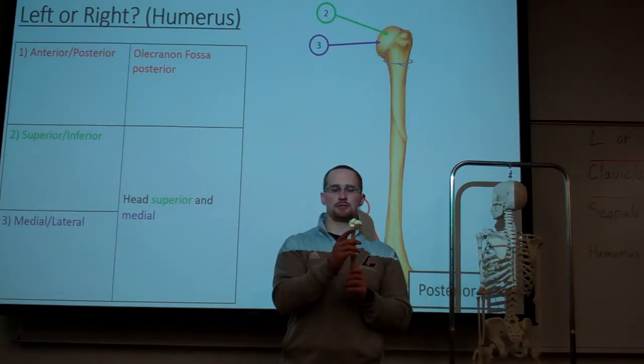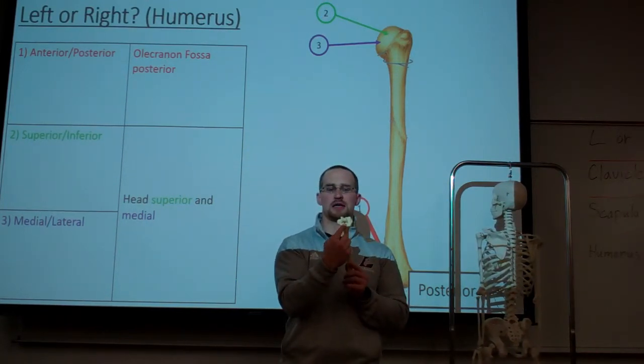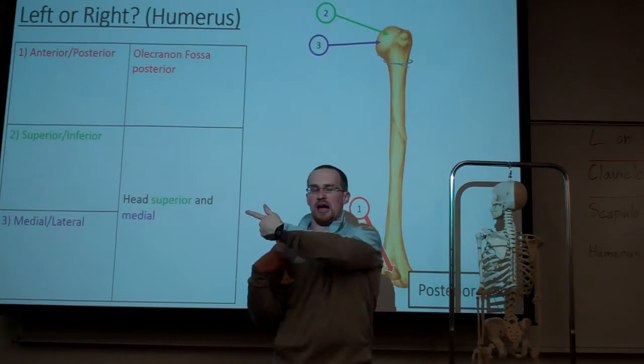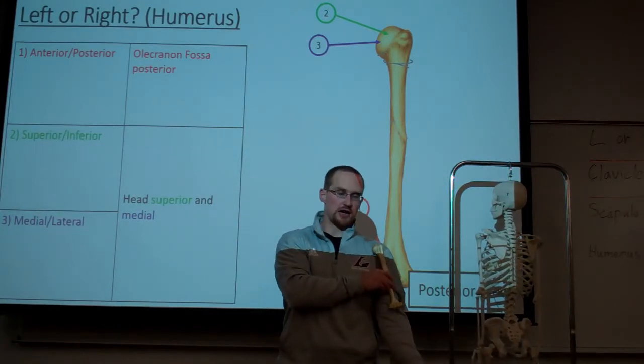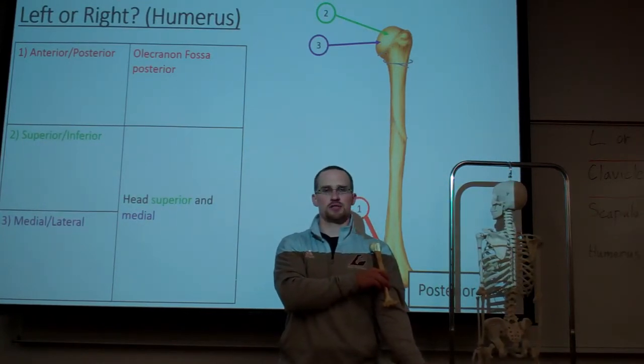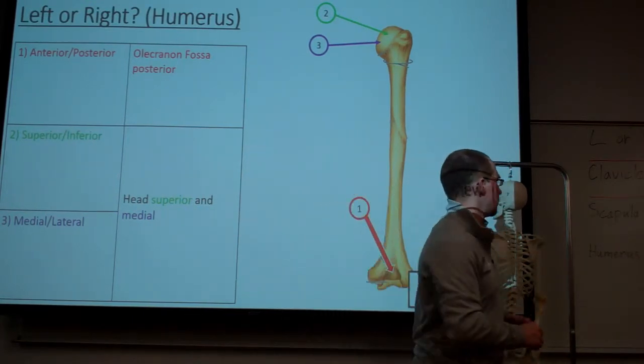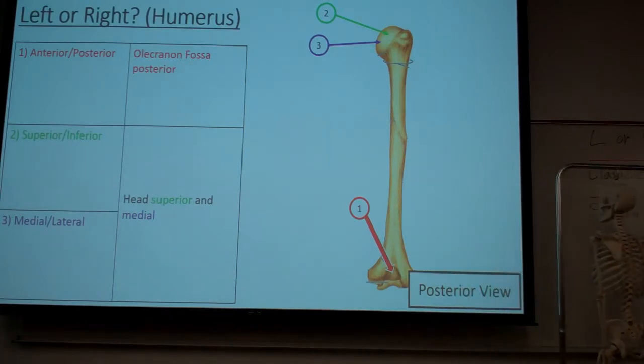Next I'm looking for the olecranon fossa, which is going to point backwards. Pointing backwards, this doesn't work because now it's pointing out. So right here, I've got a left humerus. Make sure to know whether you have a left or a right.